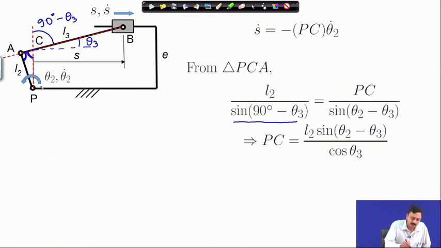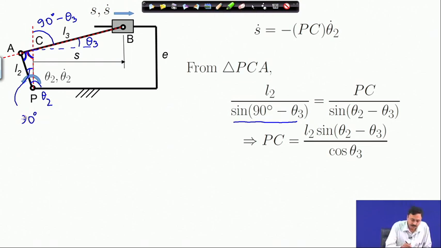How? This angle is theta 2, this angle is theta 2. So, therefore, this angle is 90 degree minus theta 2. So, this angle is 90 degree, so theta 2 minus 90 degree.